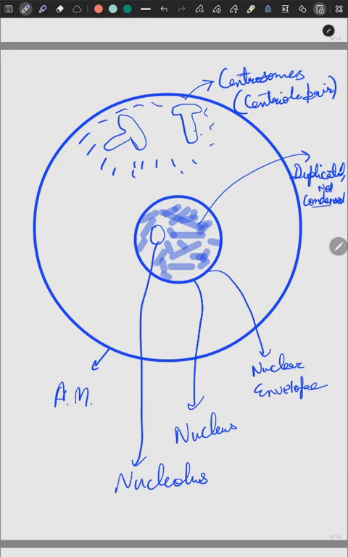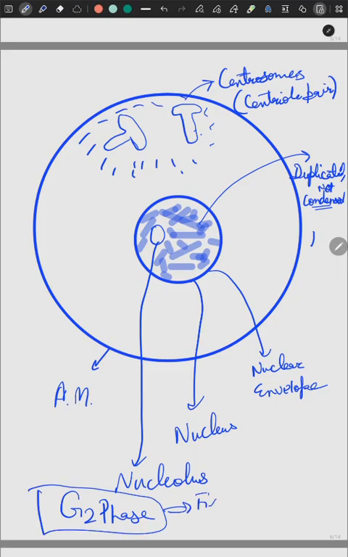Basically what happened here is that after the S phase was completed in the interphase, this is the result. This is the G2 phase, the final phase before mitosis.